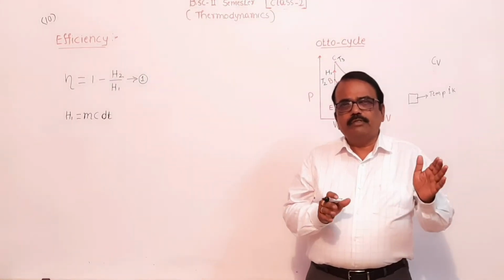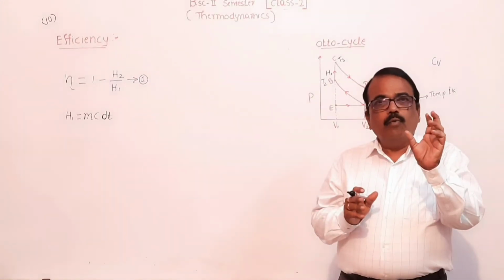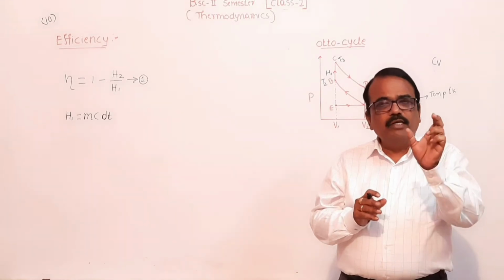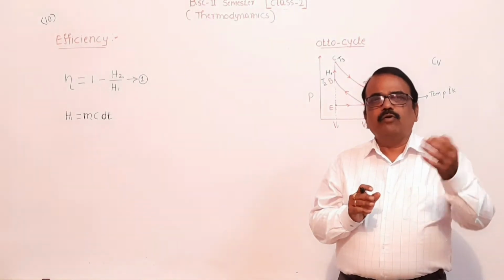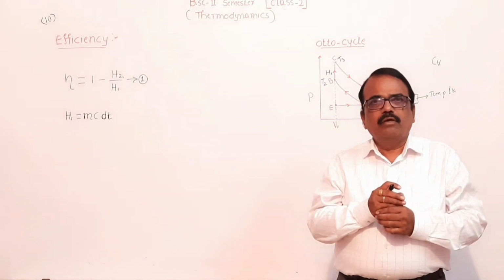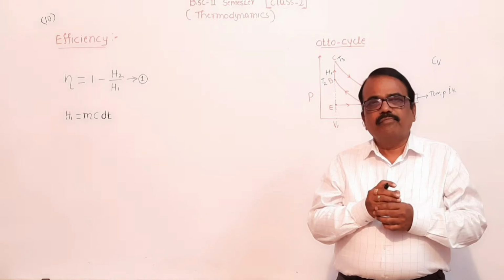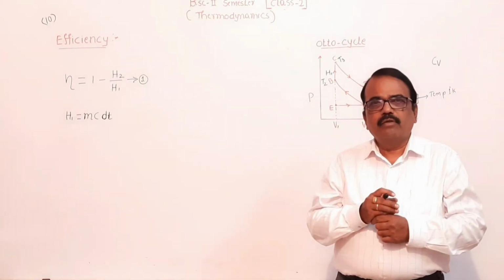To measure the specific heat of any substance, take 1 gram of that substance or 1 kg of that substance, supply a certain amount of heat, then its temperature rises. Allow the temperature to rise only 1 degree.